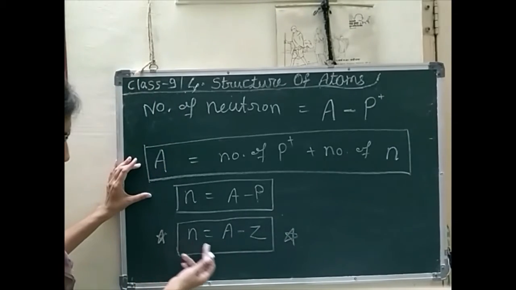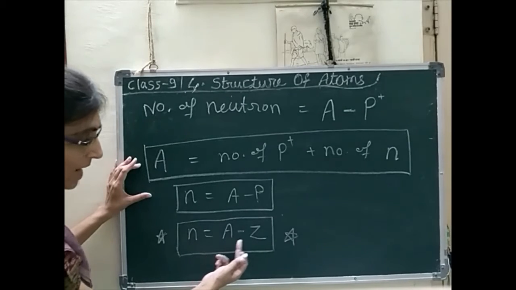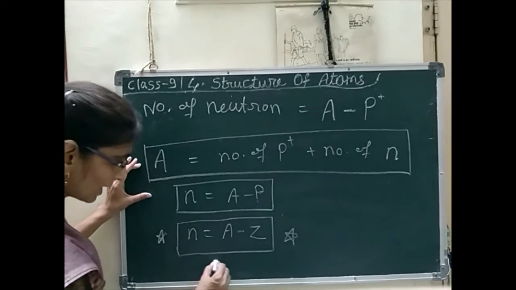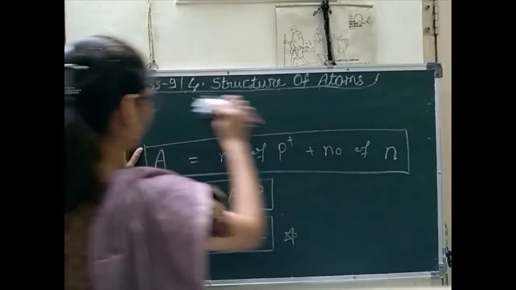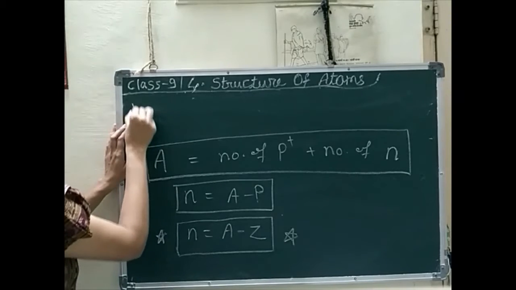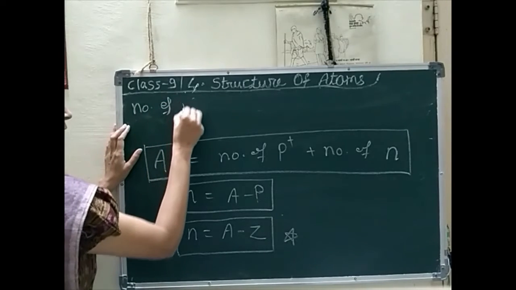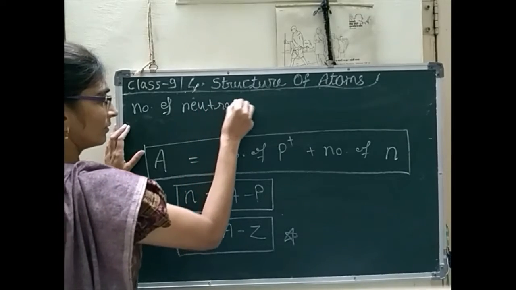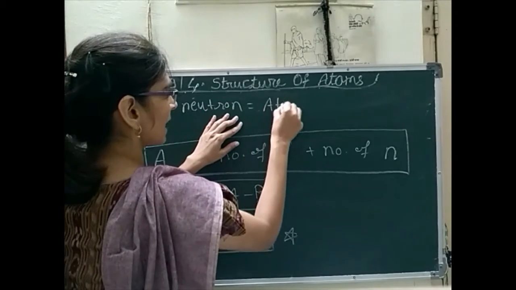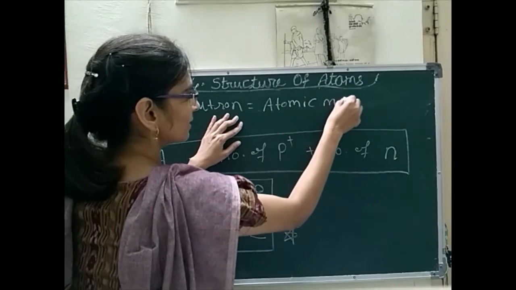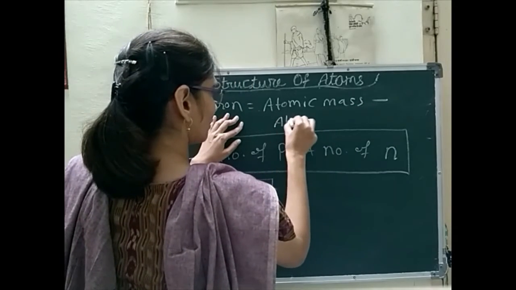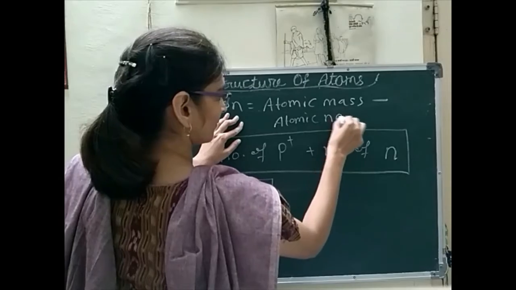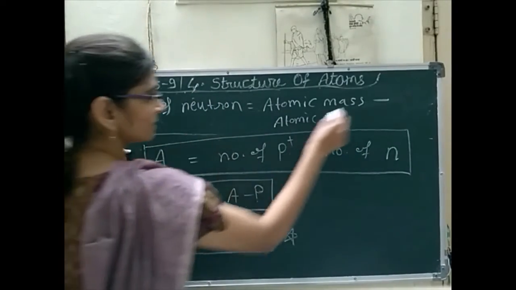Number of neutrons is equal to atomic mass minus atomic number.